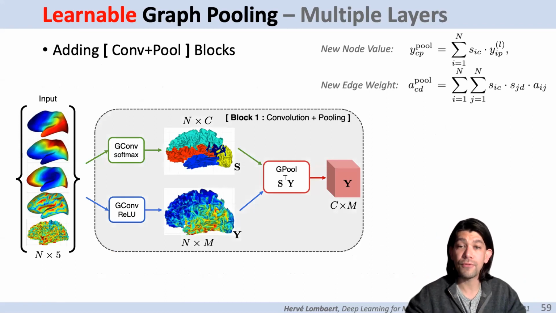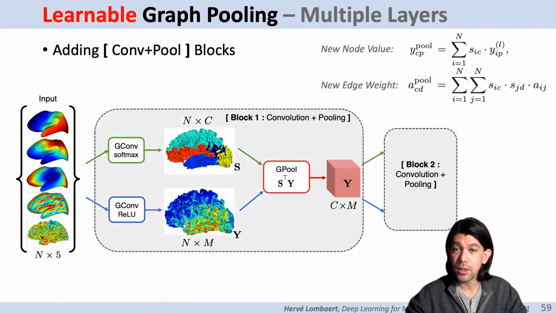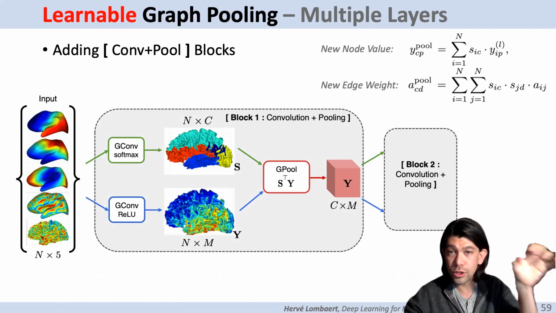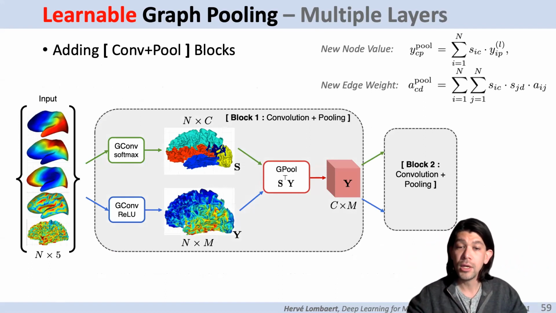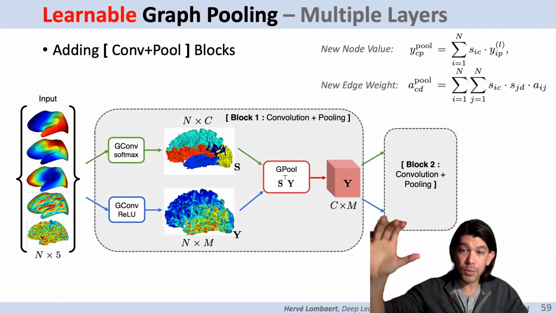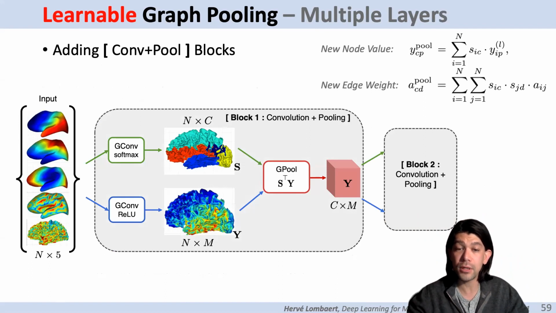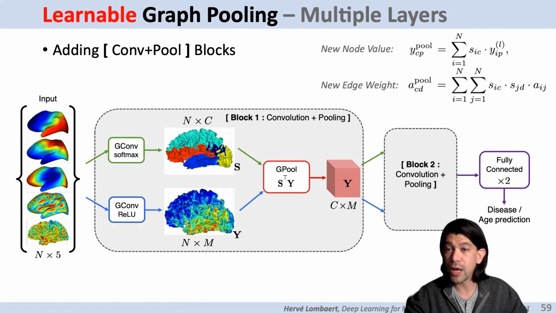And of course, you can cascade, you can stack multiple blocks, such as convolution, pooling, and so on, each one of them maybe decreasing the number of nodes, the size of the layers. In the very end, you can even have a small fully connected layer to do your classification or regression task.